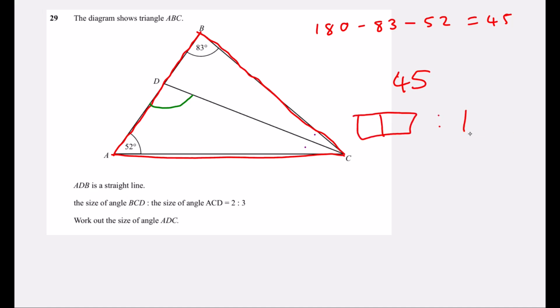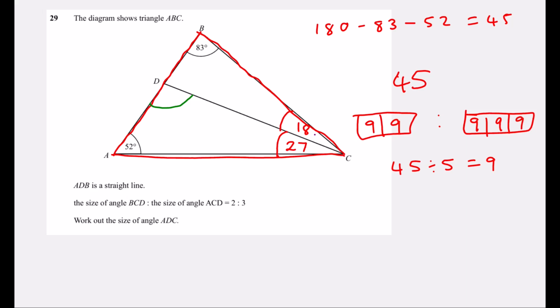So 2 parts to 3 parts. So there are 5 parts in total. 45 divided by 5 is 9. So the smaller angle, BCD, is 2 9s, which is 18. The bigger angle is 3 9s, 27.